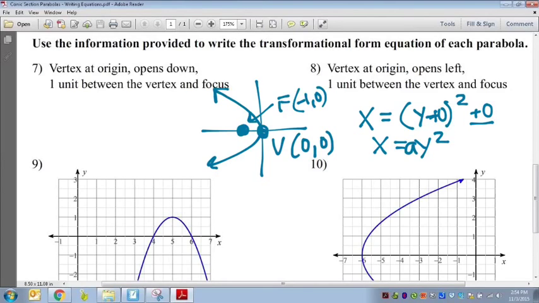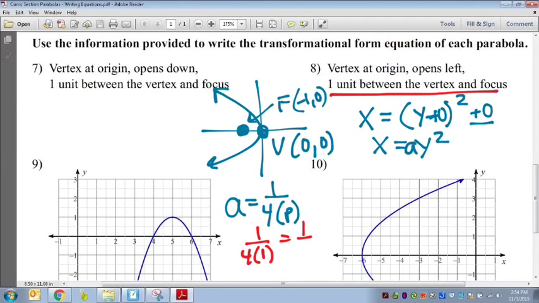Of course we know a equals 1 over 4p, and p is the distance from the vertex to the focus. And look, it tells me right here: 1 unit between the vertex and the focus. Fantastic. So that would be 1 over 4 times 1, which is 1/4. So a is 1/4.